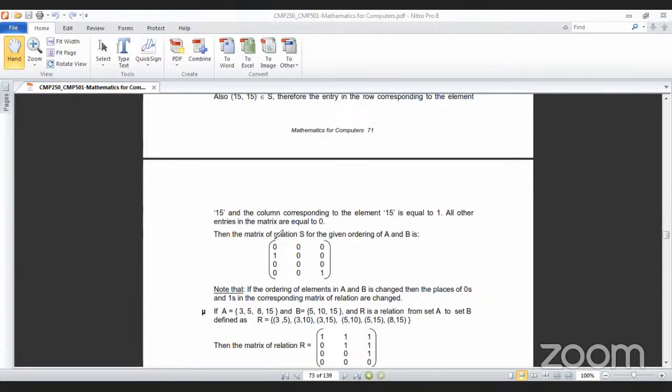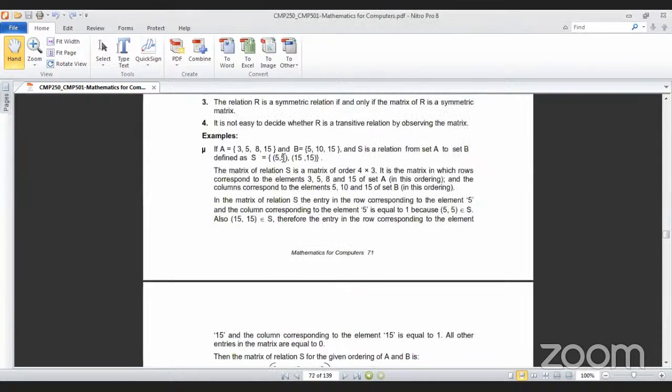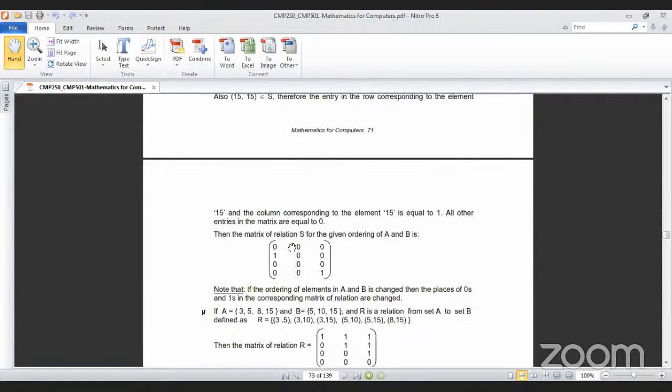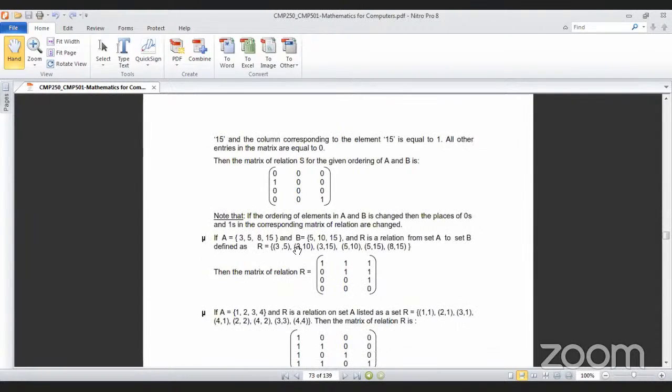So you can see 5 related to 5 is giving me 1 and 15 related to 15 is giving me 1. Otherwise, I'm not having any relation, so all of them are in the 0 format. Understood? Only the relation given to us is taken as 1. If the relation is not included, then you have to use 0.